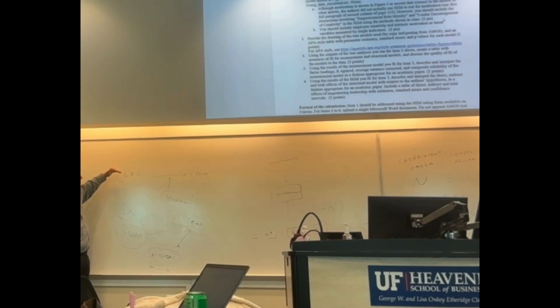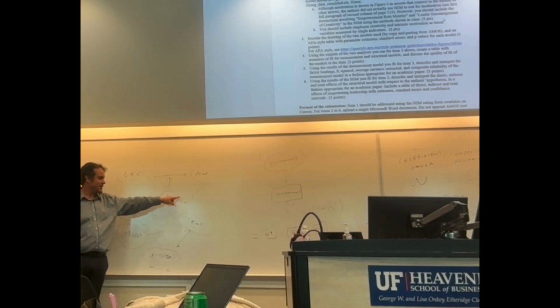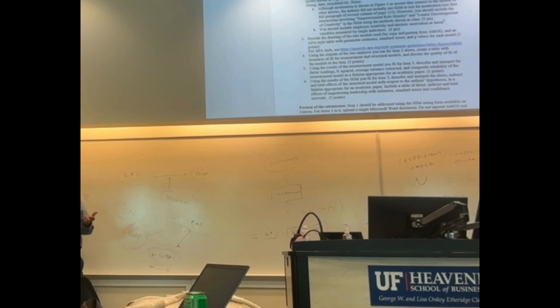Say hypothesis 1 is that LRC affects performance, and hypothesis 2 is that the effect of LRC on performance depends on vigor. That's a hypothesis about the interaction. You don't have a hypothesis about the direct effect of vigor, but you should still add it to the model because it's misleading if you don't. The interaction should be cumulative on the main effect.